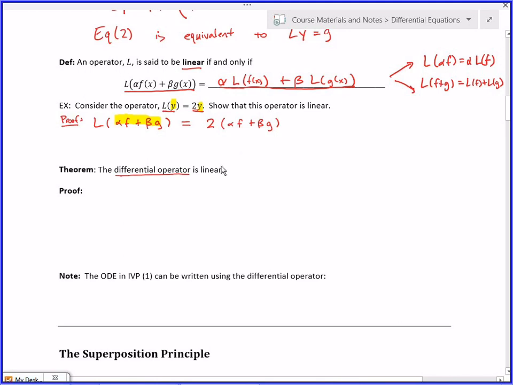That's by definition of the operator. Now the operation in here is just multiplication, so I can distribute the 2. So I have 2 alpha f plus 2 beta g, because multiplication distributes across addition, even function addition.